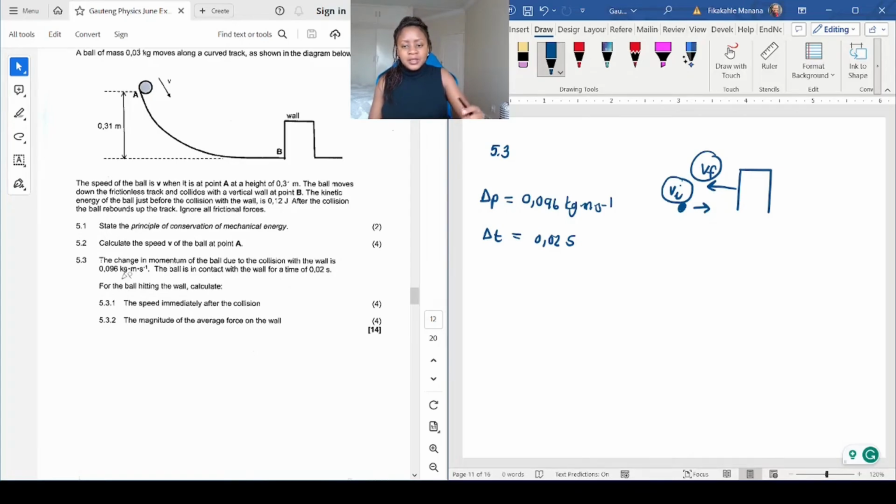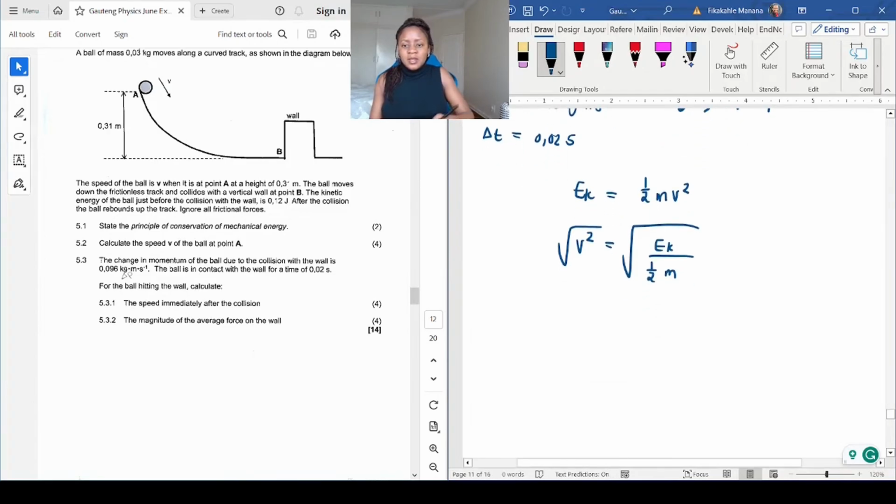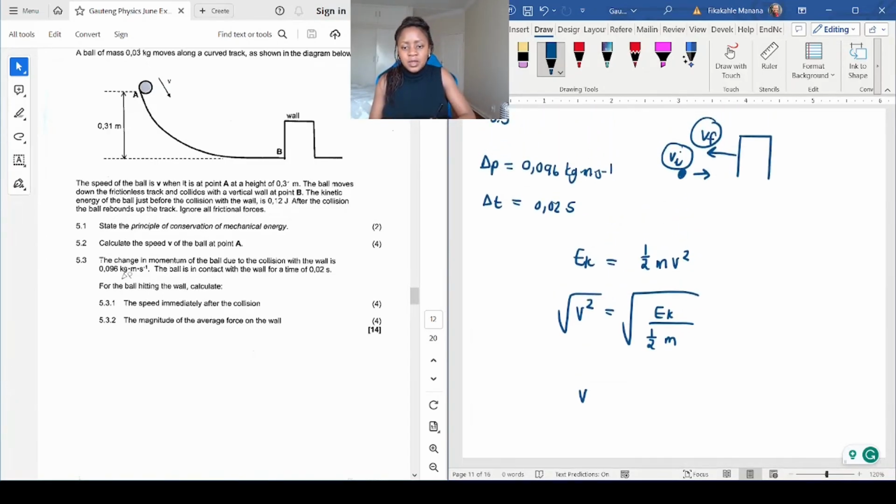So we're going to say kinetic energy is equal to half mass times velocity squared. So velocity squared is equal to our kinetic energy divided by half times mass, and we can square root both sides. Remember, this is the initial velocity that we're calculating, and we're choosing right as the positive.